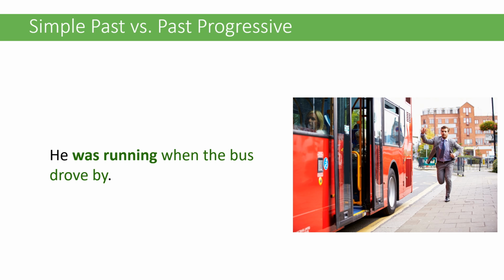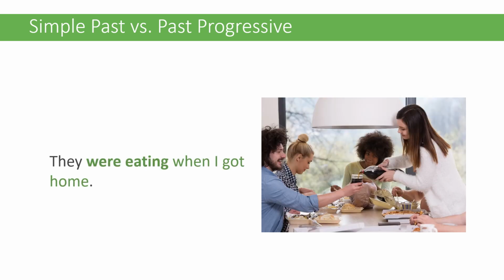The action finished while running was in progress at the same time. By the action finished, we mean the bus drove by. That's done. It's not there anymore. He was still running. So we use the past progressive for longer actions and the simple past for shorter actions.